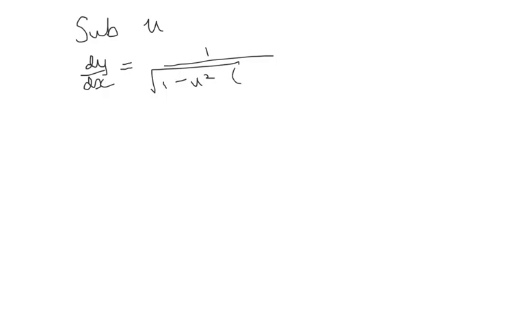Now we have to sub in for u. We had dy dx equals 1 over the square root of 1 subtract u squared, times 3x subtract 2 squared.